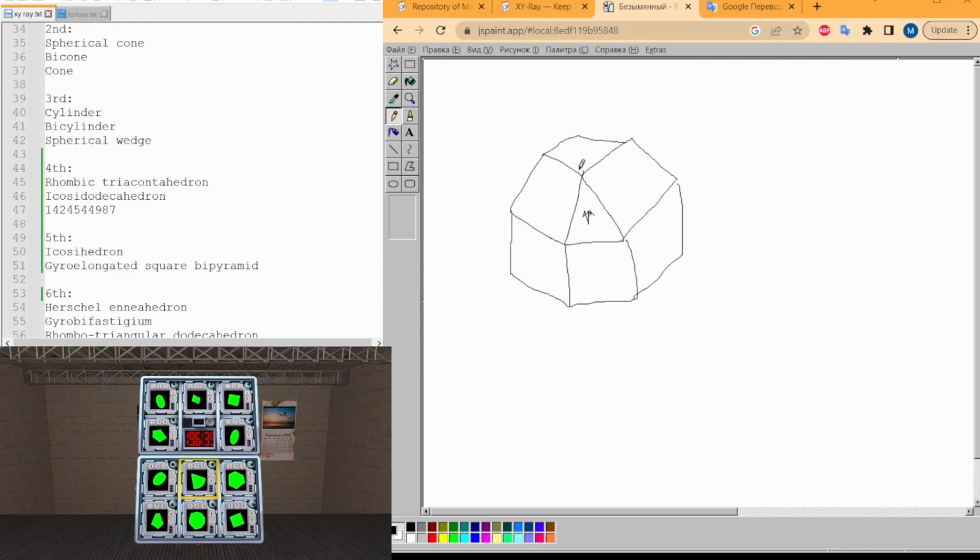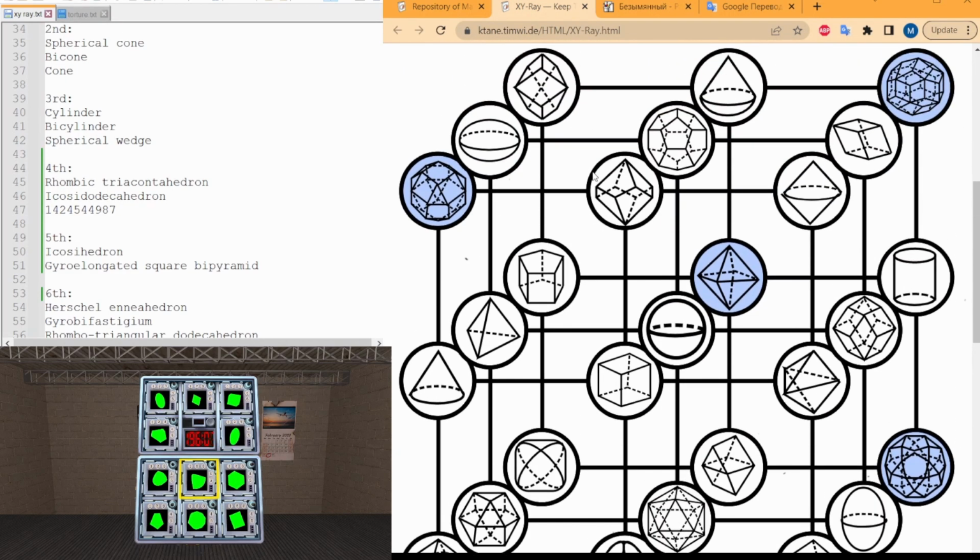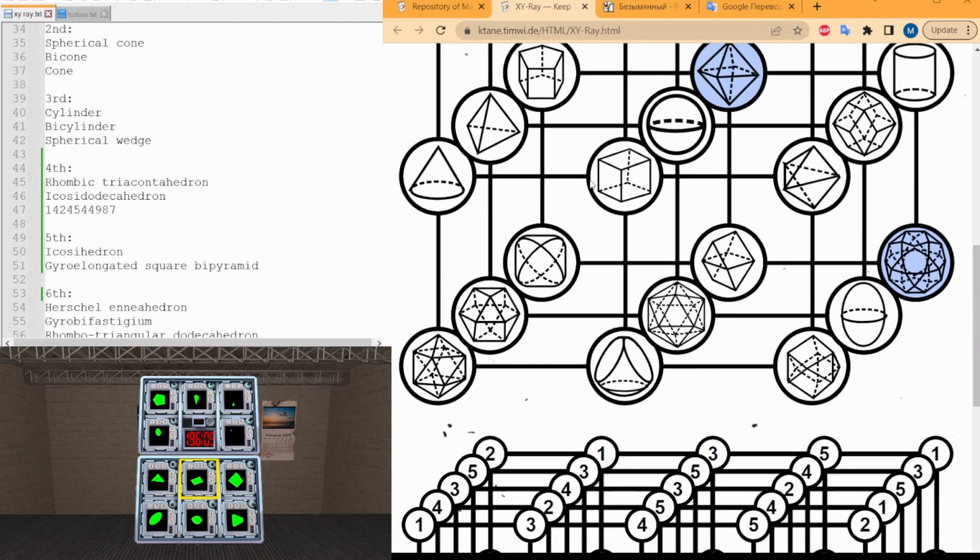Or it can go through a certain line, like this, for example, and it will have a shape like this. But if you notice that the shape is almost the same, and it only went through one vertex, you can look at it and count the number of sides, which is equal to the number of lines, and the number of lines helps you a lot while finding the shape.